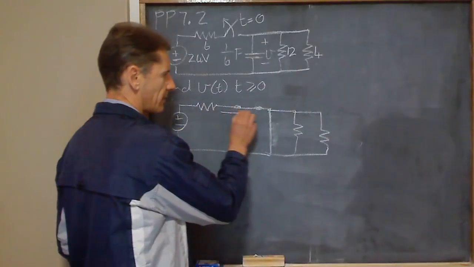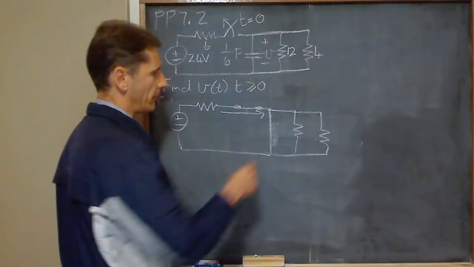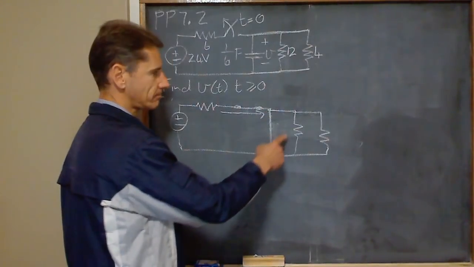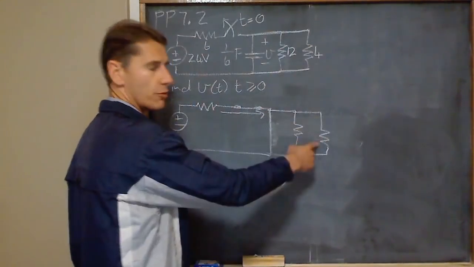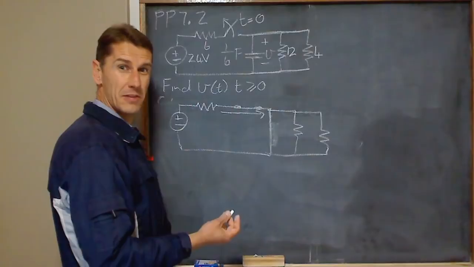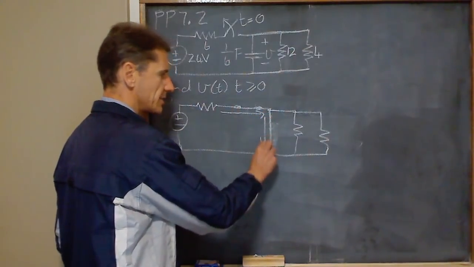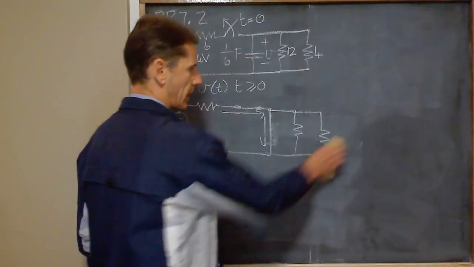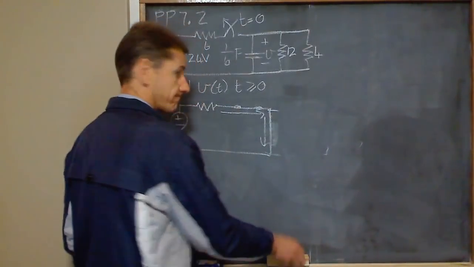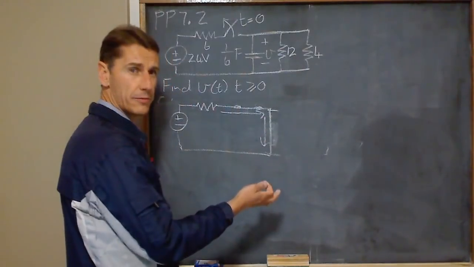The current is coming in, and the current now has to decide, where am I going to go? Short circuit, 12 ohms, 4 ohms. Where do you go? Hey, you take the road that doesn't have any tolls, right? The path of least resistance. So all of the current is just going to flow through that inductor, and what happens to this? That disappears. And those two resistors fall out of the equation.